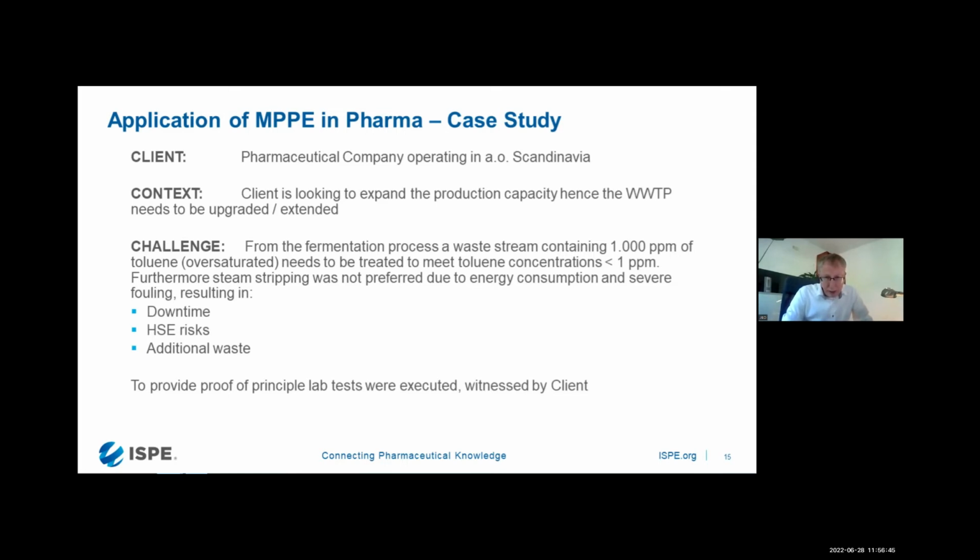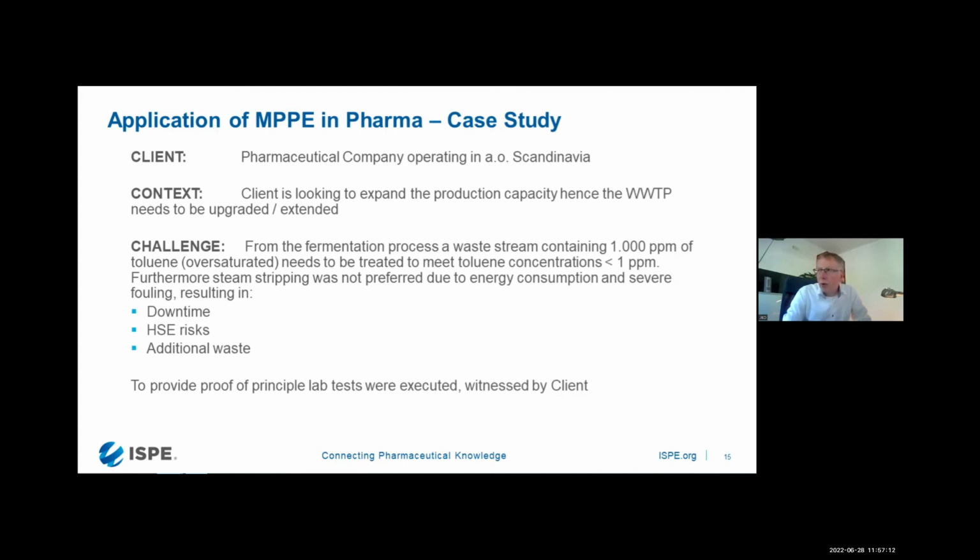Previously in the plant, they had been using steam stripping, but that was not preferred due to basically two reasons. One was the very high energy consumption. Again, in our case, we use only 0.5 kilogram of steam for a cubic meter of water treated. But they also had a lot of issues with fouling of the stripper.